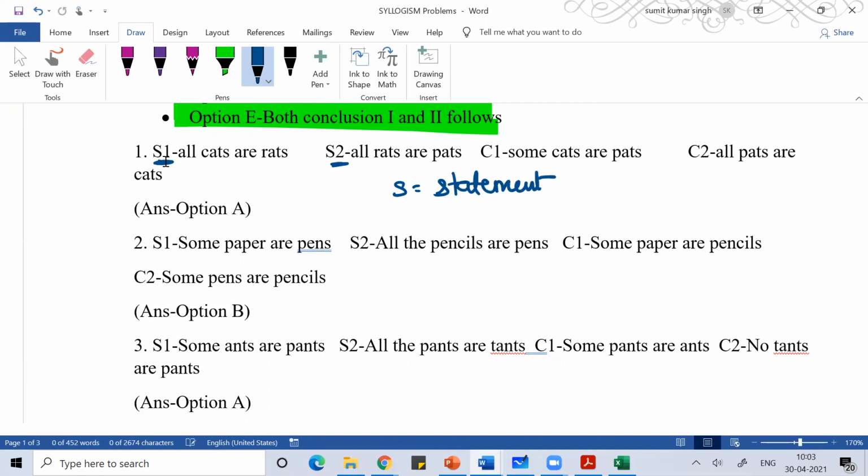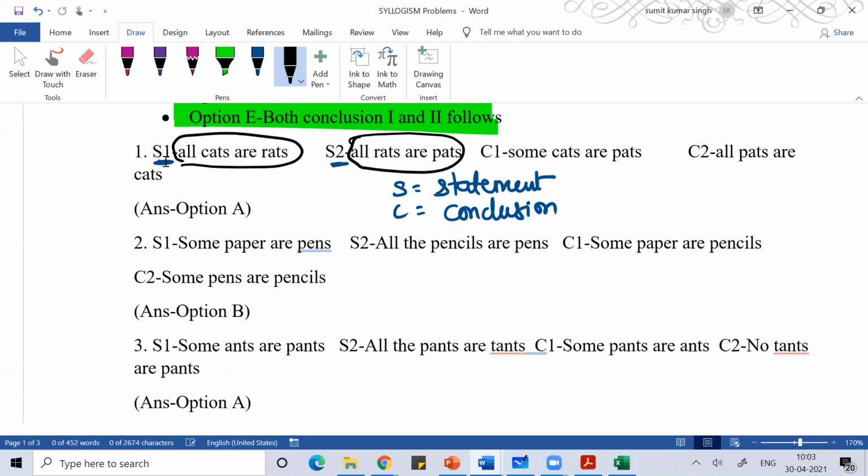C here means conclusion. Whatever is given in the statements, you consider to be true, whether they are actually true or not. And based upon that, you work on the conclusions.